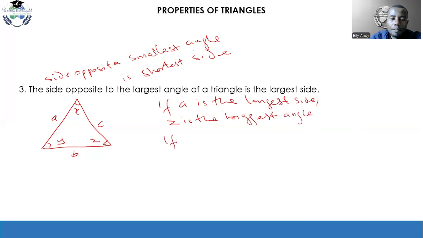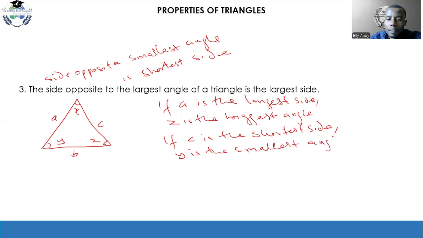Similarly, suppose C is the shortest side, then the angle opposite it, which in this case is Y, will be the smallest angle.